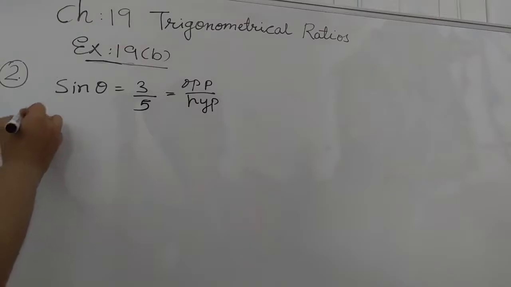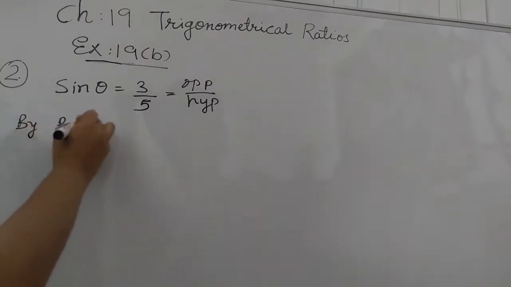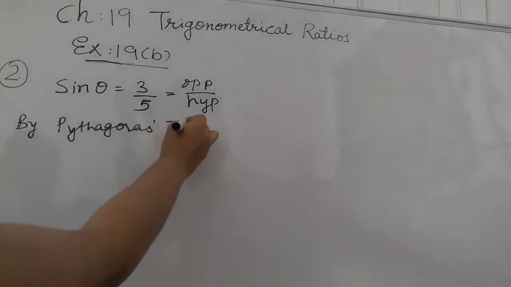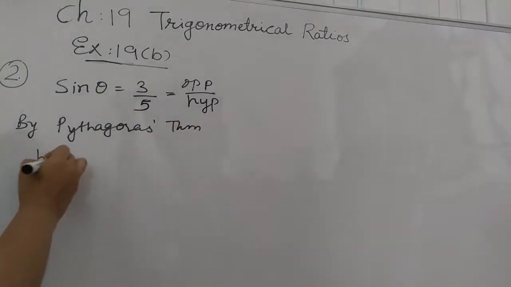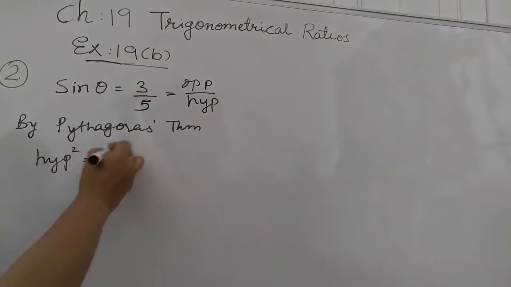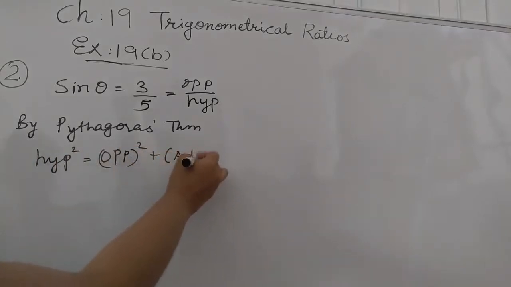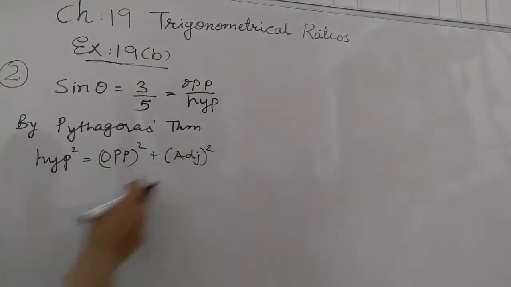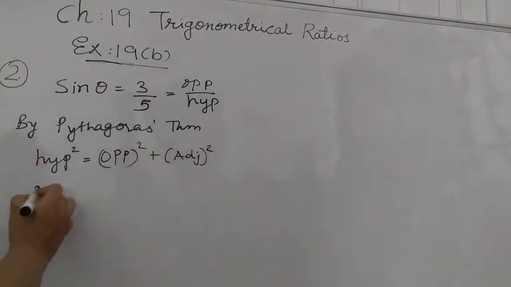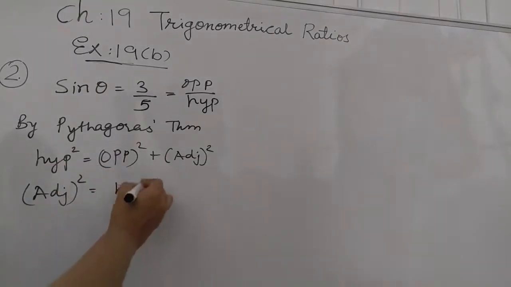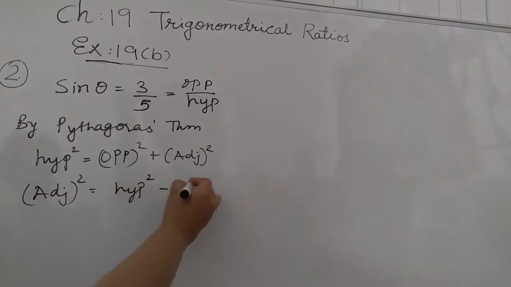So using Pythagoras theorem again, I will find the adjacent side. Hypotenuse square is equal to opposite side square plus adjacent side square. Now I want to find the adjacent side, so I will make it the subject. Adjacent side square is equal to hypotenuse square minus opposite side square.